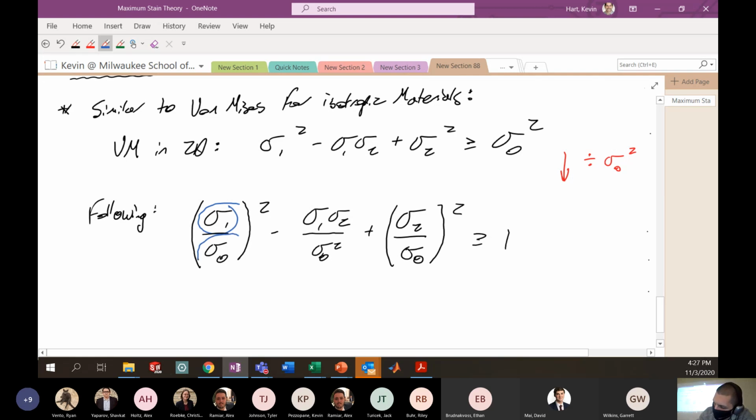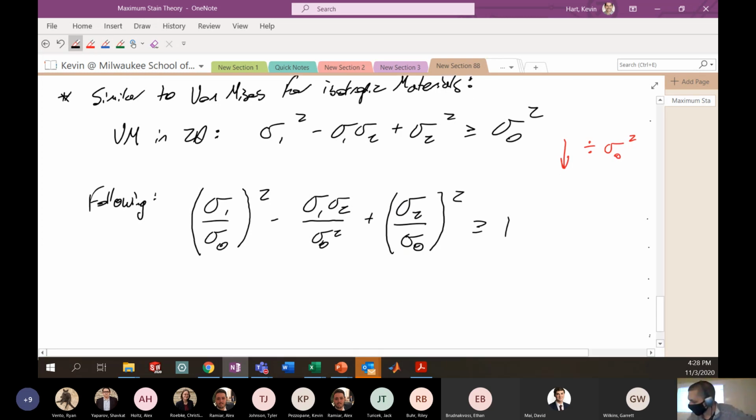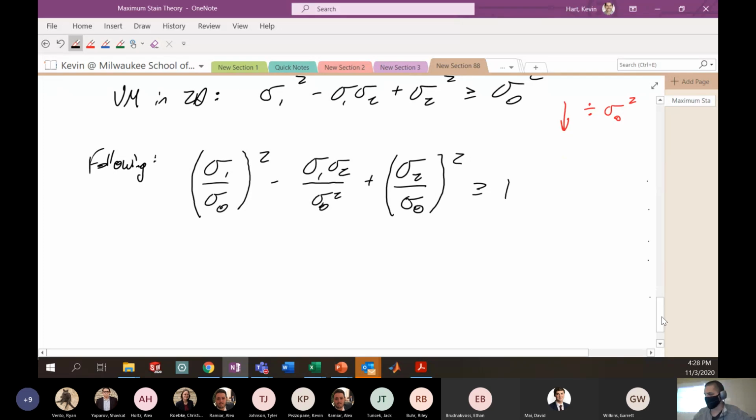I normalize it by that which would cause yield, and I get some percentage, maybe 90%. So I'm pretty close to failure, but not quite. And then maybe later on, I have some biaxial stress, so I have some sigma 2 divided by that which would cause failure. And now that additional amount has pushed me past the 100% that I can have, and now I have failed. That's the idea people rolled with for the Tsai-Hill criterion.